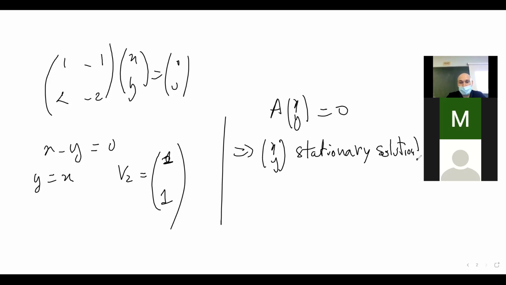So what's the meaning? It means that I have a lot of stationary solutions here. For all beta, beta times 1, 1 is a stationary solution.